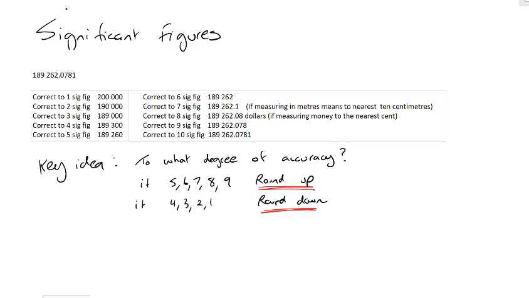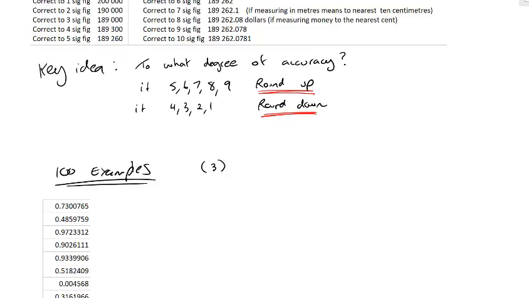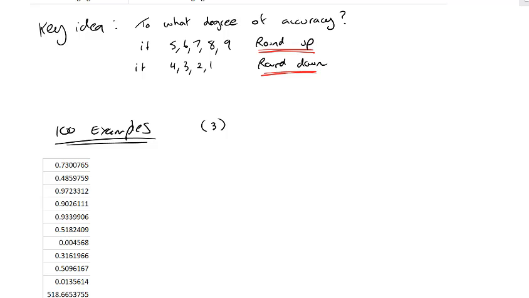Alright, so now we're going to do 100 examples, and I'm just going to pick some numbers of significant figures and put them in brackets. So if I put a 3, it means I'm going to 3 significant figures. If I put a 4, I'm going to 4 significant figures. Let's go to 6 significant figures here.